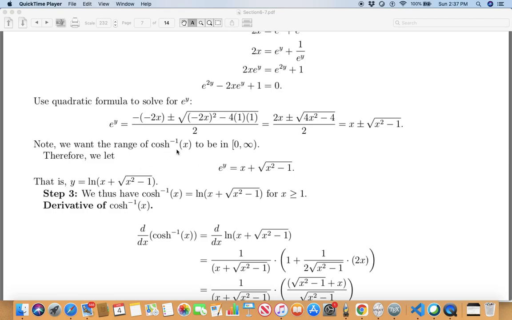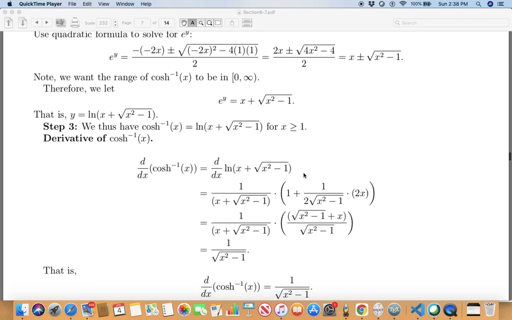Now you see, you want a cosine hyperbolic inverse to land in the interval 0 to infinity. So I don't want that negative here. You will see in a minute why. So e raised to y equals x plus square root x squared minus 1.